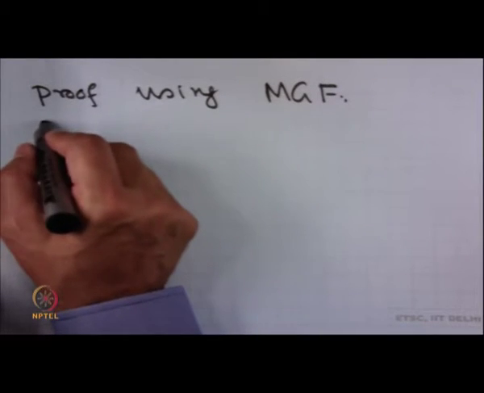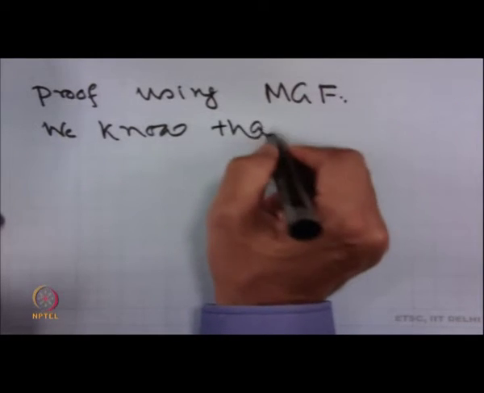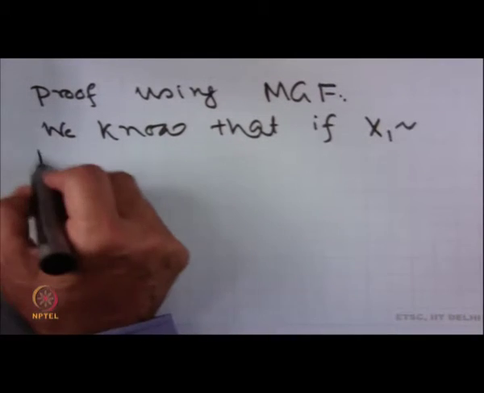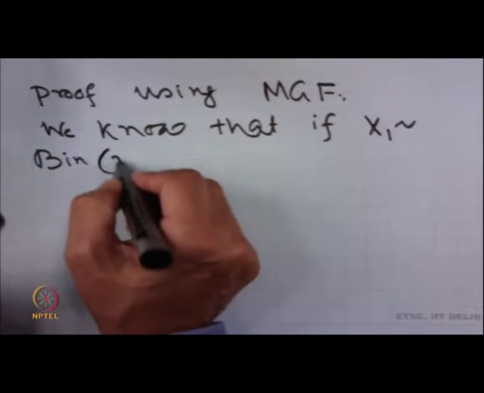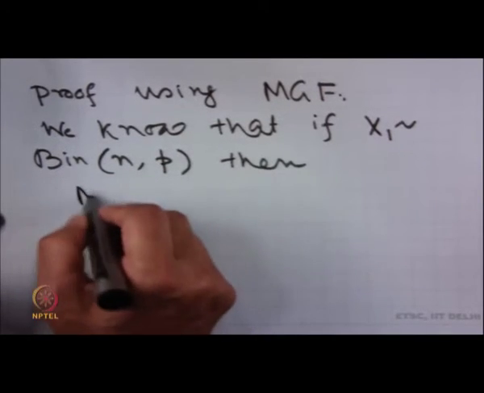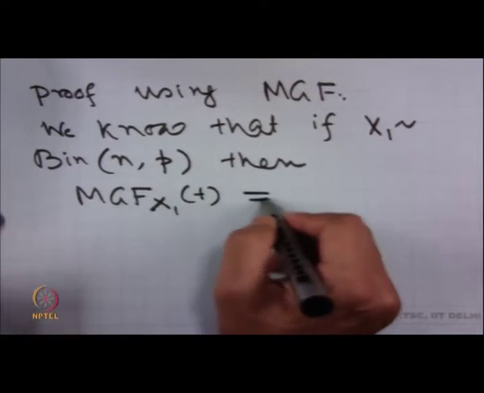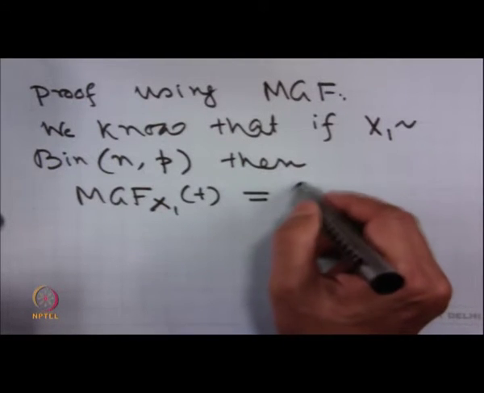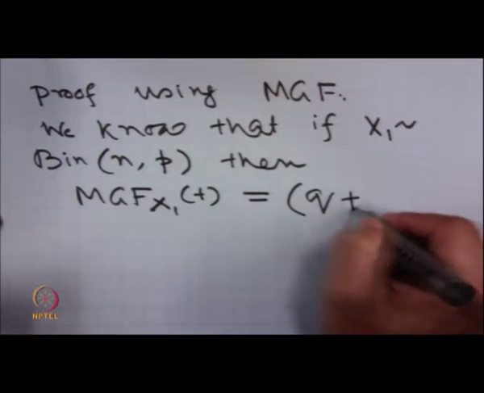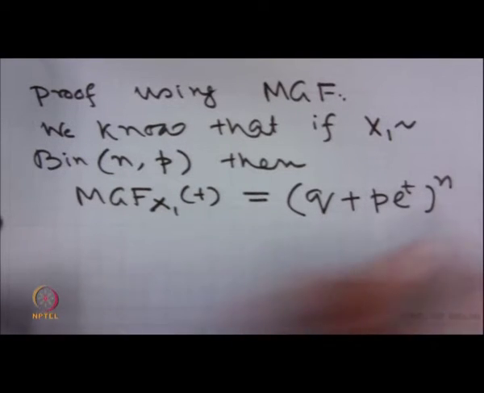We know that if X1 is binomial with n comma p, then mgf of X1 is equal to, if you remember in the first class I have given you the formula, (q plus p e to the power t) whole to the power n.